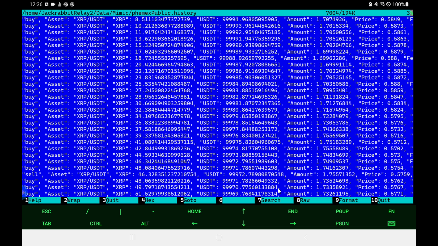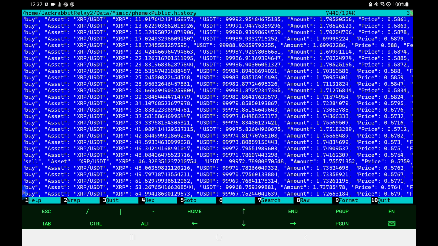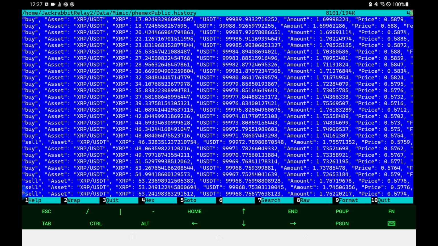Every single exchange that you use Mimic with will give you this information with every single trade, every single potential. And that is really the blueprint or the crux of the system that gives you a meaningful correlation and relationship.